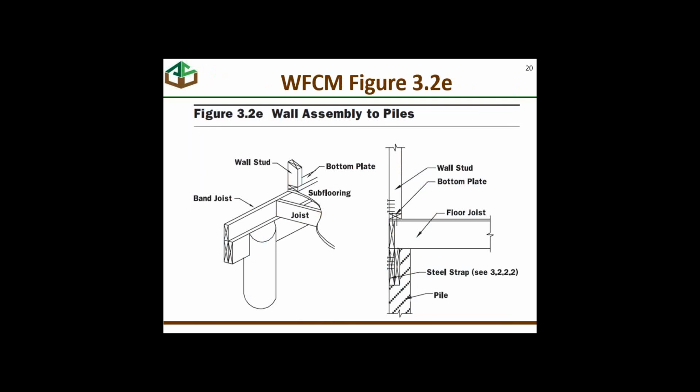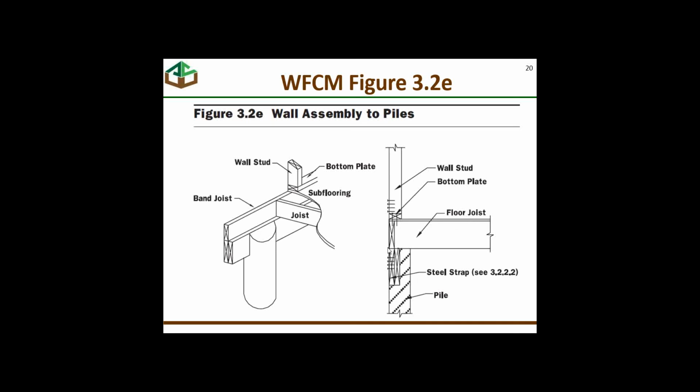This is a floor-wall assembly for piles that comes from the Wood Frame Construction Manual. I put it in to illustrate that the American Wood Council has certainly considered this an important issue, and you see how they have summarized, if you will, how some connections can be made. Very briefly, on the graphic, the cross-section on the right, you see the floor system coming in to sit on a girder.